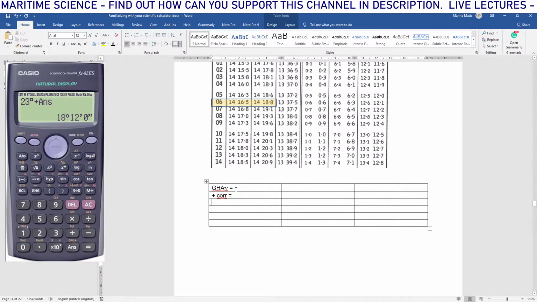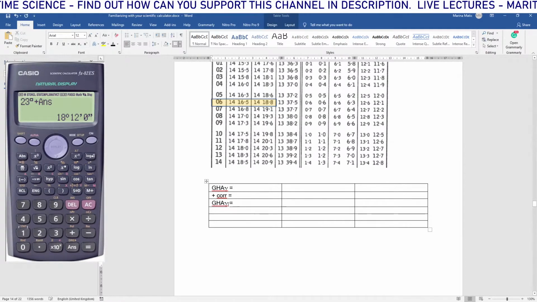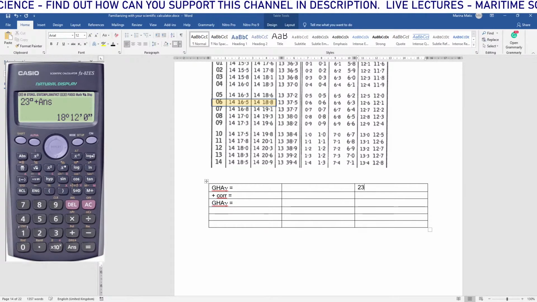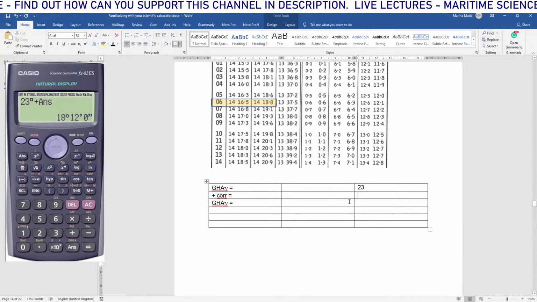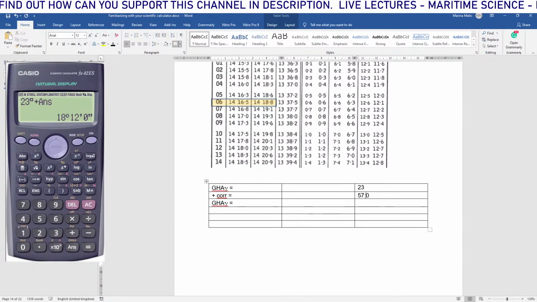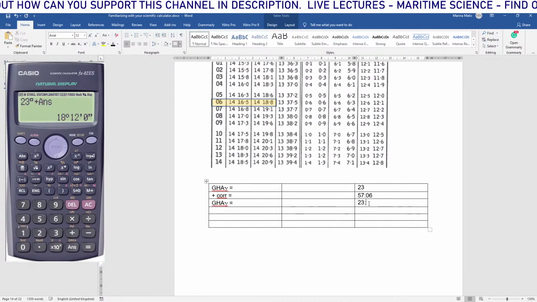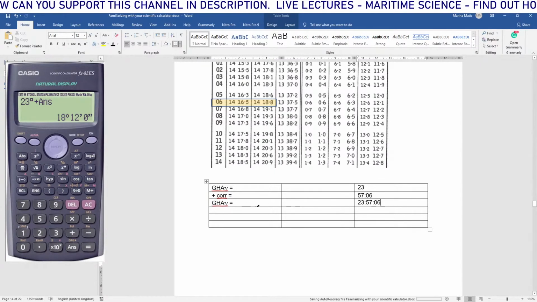And as a result of that, we have, once again, Greenwich hour angle for the exact time. So this is for 23. This is correction for 57:06, and this is the exact Greenwich hour angle at the moment of observation.